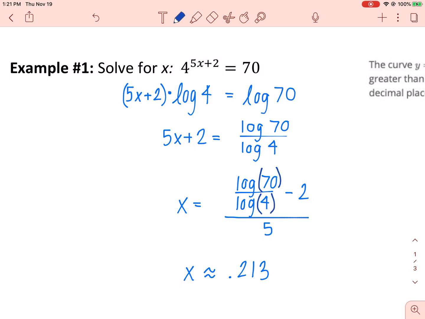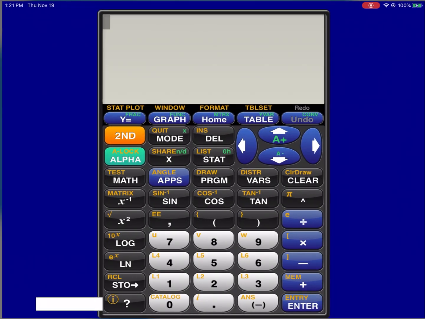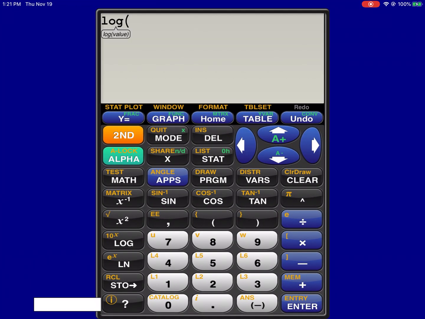You want to make sure your numerator is then divided by 5. So I'm going to show you how I would type it in case you weren't able to get that. You would press log of 70, close the parenthesis, divided by log of 4, close the parenthesis.